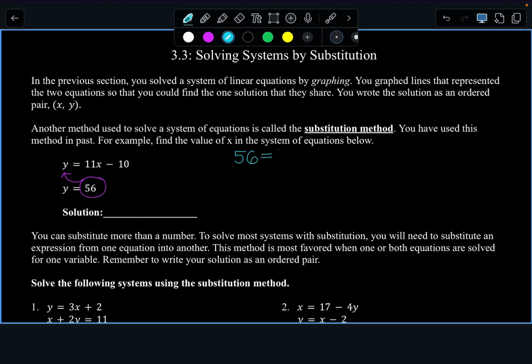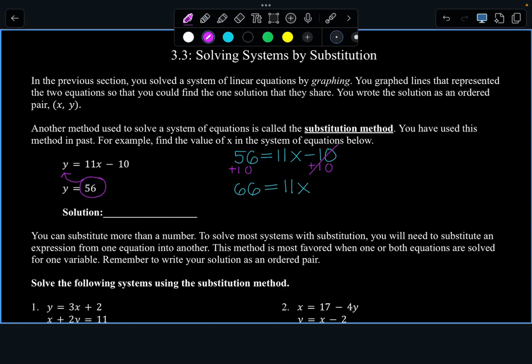56 equals 11x minus 10. And we can finish solving this equation for x. To solve, we're going to add 10 to both sides. We're left with 66 equals 11x.